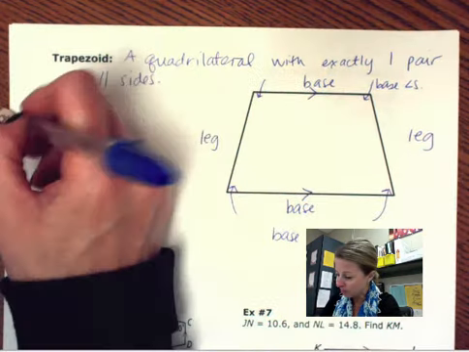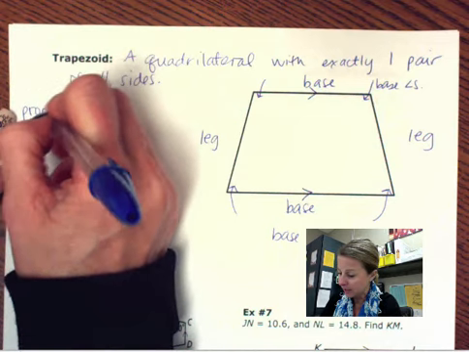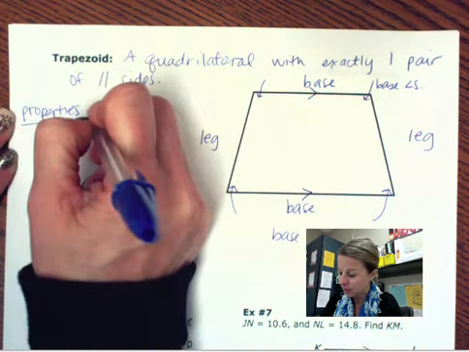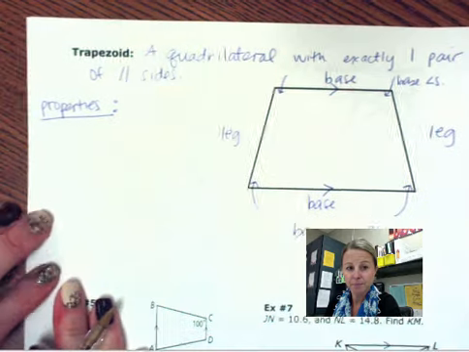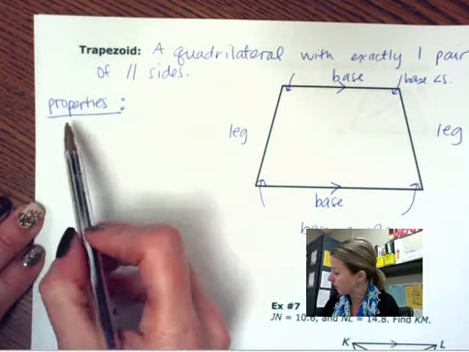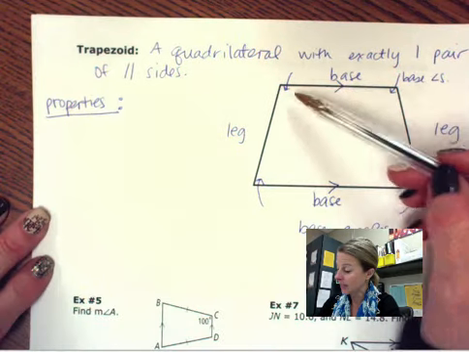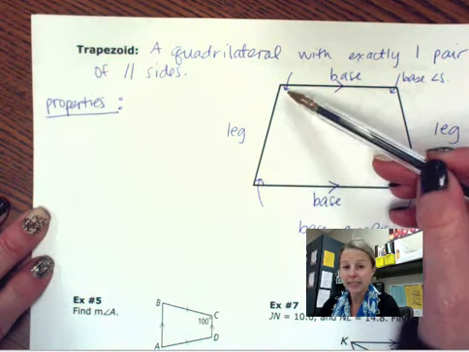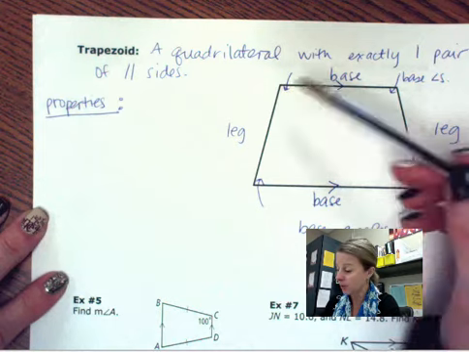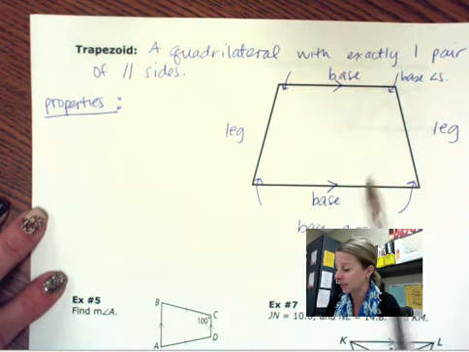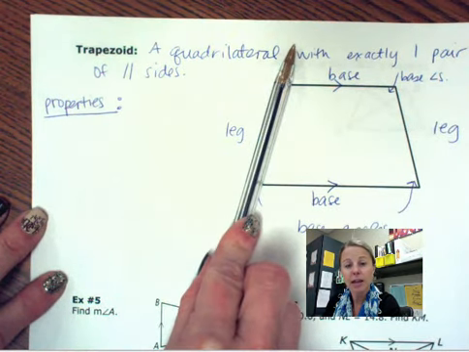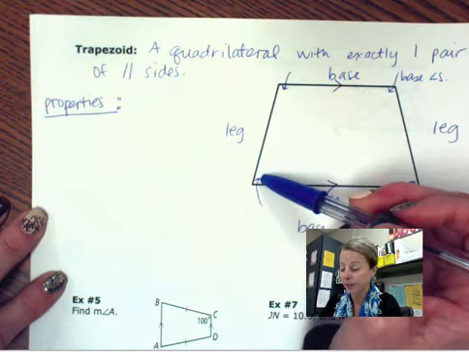Okay, so there are some properties. So let's make a list similar to what we did with kites. One of the properties of a trapezoid is that these two non-base angles are supplementary. And if you think about it, you have a set of parallel lines cut by this transversal, and therefore these are same side interior.